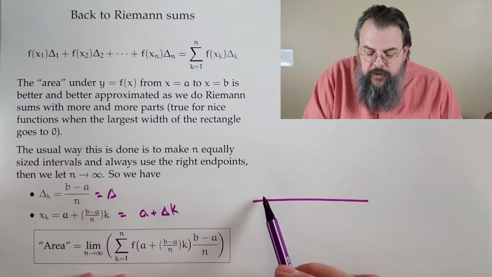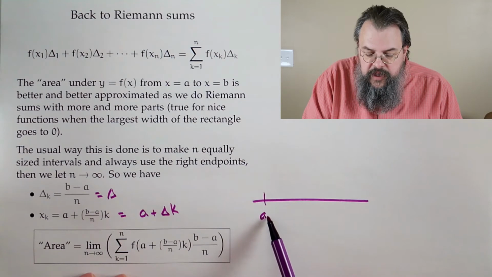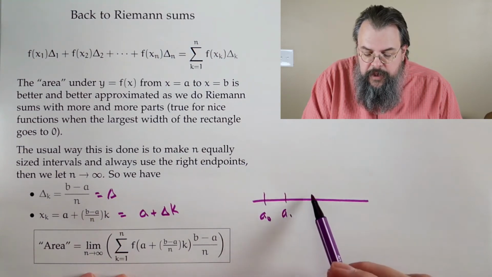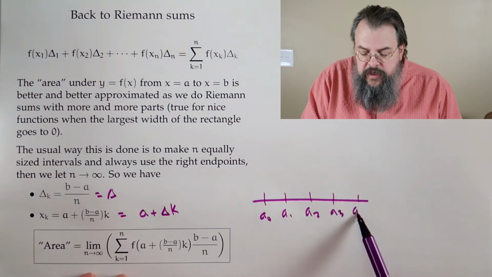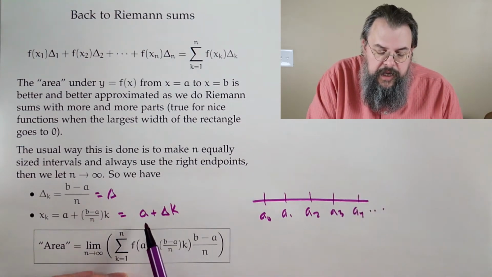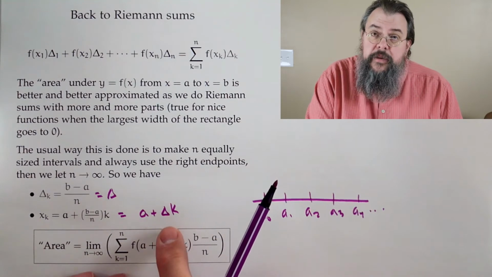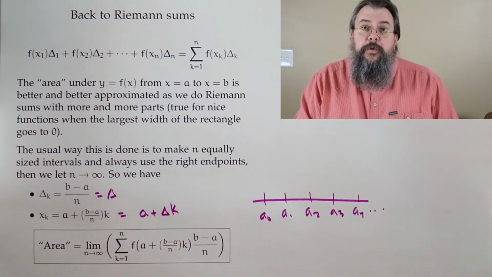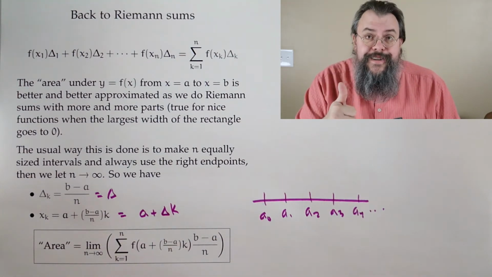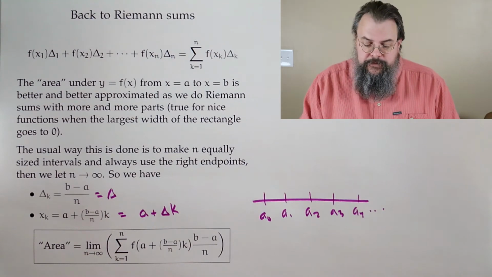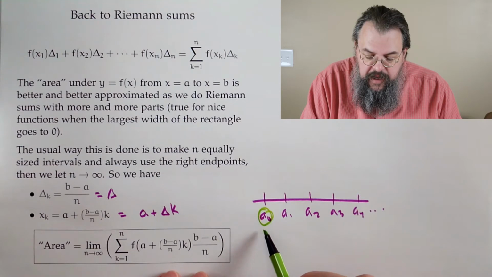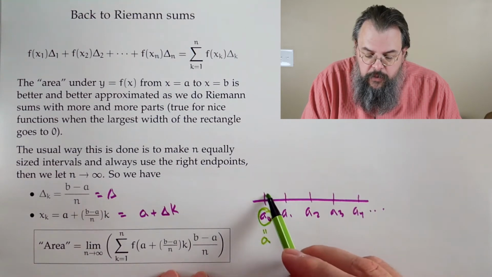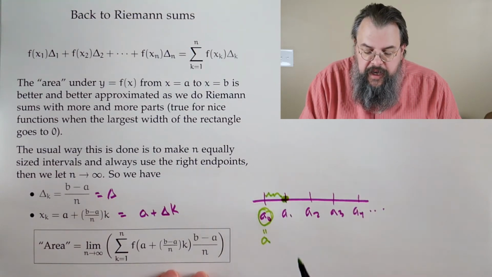If you think of a0, a1, a2, and so forth, then we're talking about a plus however wide the interval is, times k. When k equals 1, that's our first interval: start at a, go one step, and you'll end up at a sub 1.